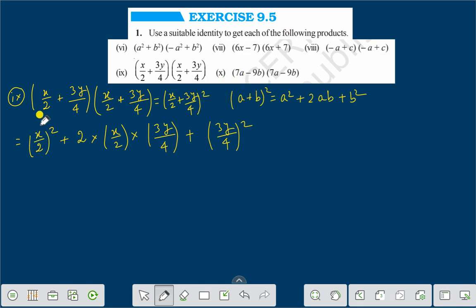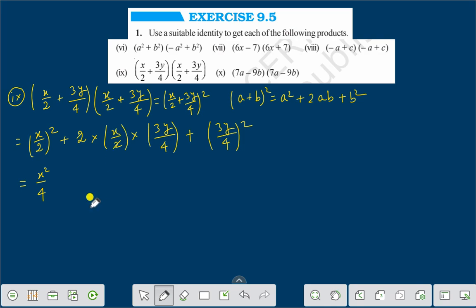After applying this formula, we are getting x by 2 whole square plus 2ab, 2 into x by 2 into 3y by 4, plus 3y by 4 whole square. Then we are getting here x square by 4. Here see, this 2 and this 2 will cut, right?